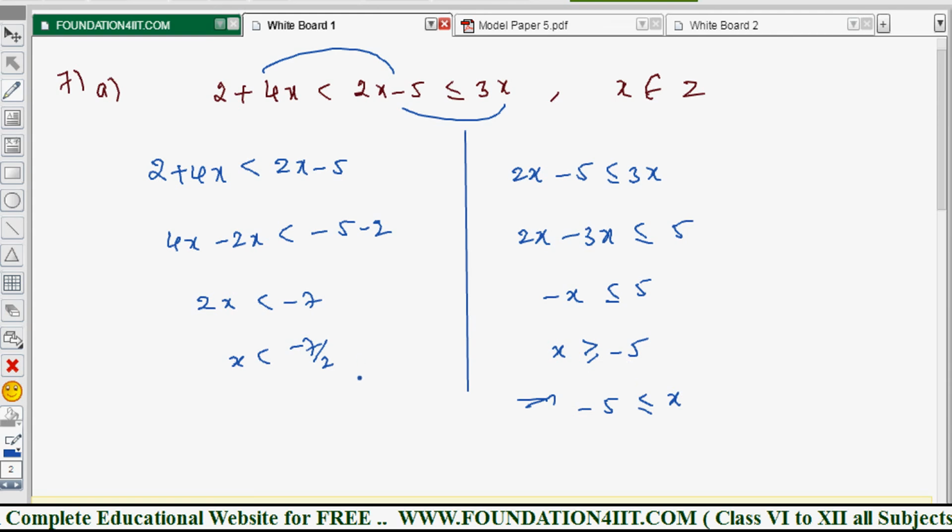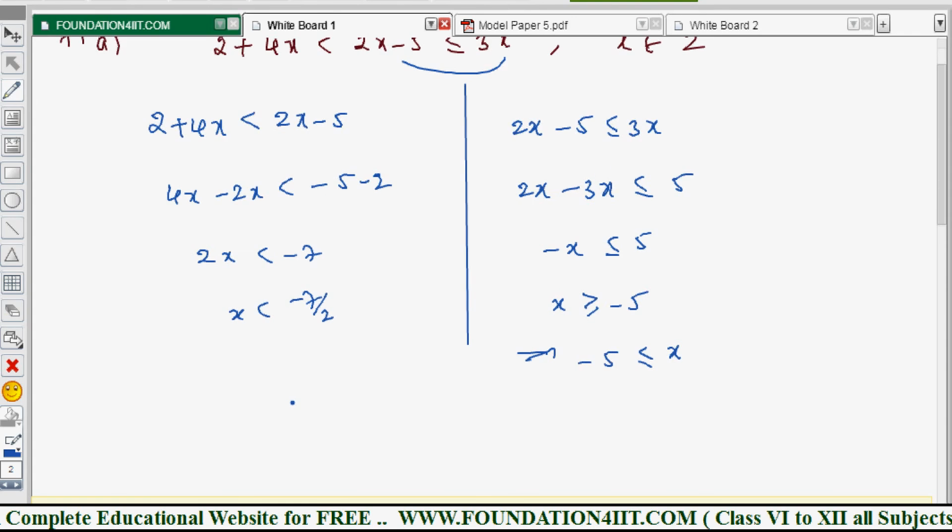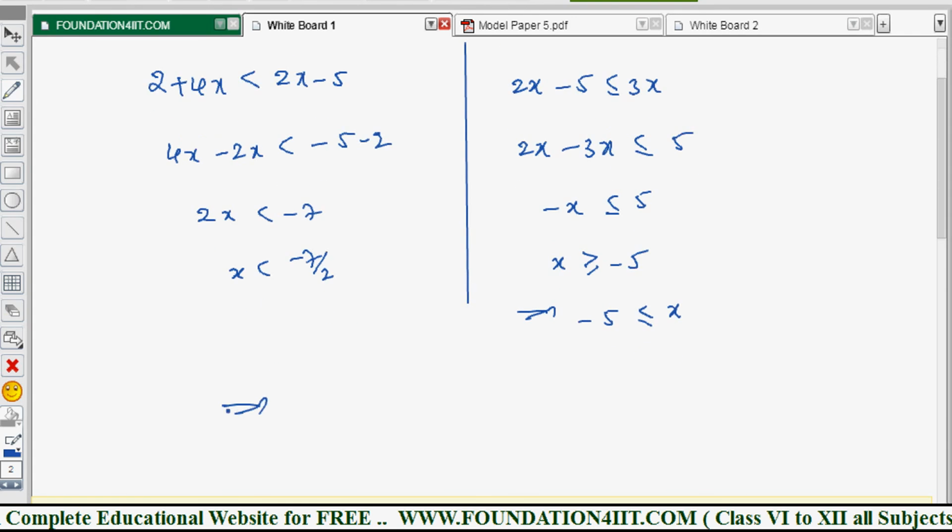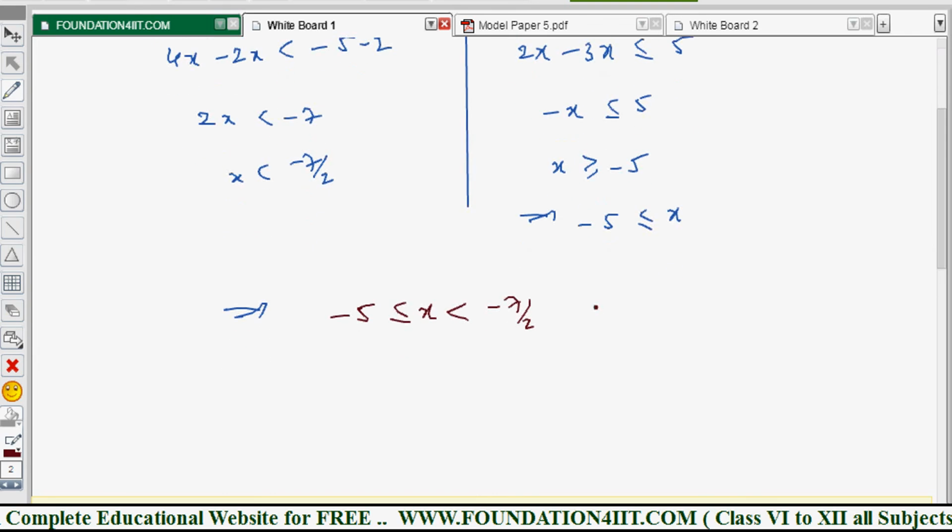By combining both, we can write like this: minus 5 less than or equal to x, and x is less than minus 7 by 2. X belongs to integers, that means even negative and positive.